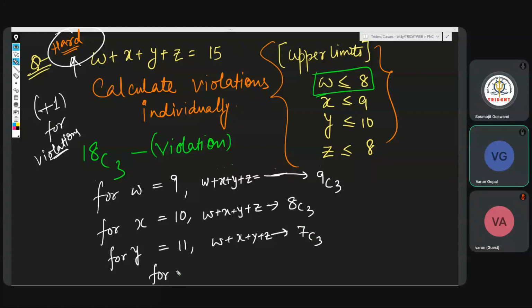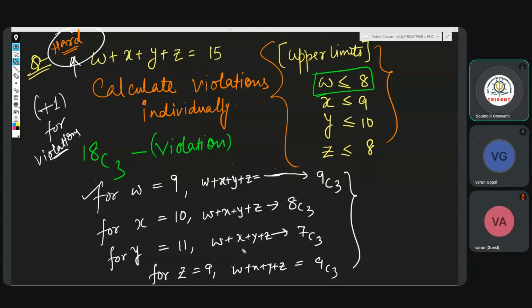For Z equals to 9, Z equals to 9 is very easy. We have done this thing. So W plus X plus Y plus Z is equals to again 9C3, because 15 minus 9, sorry, 6 and then 3. So 9C3, right? So these are all the individual violations.